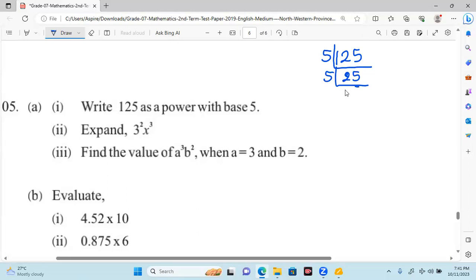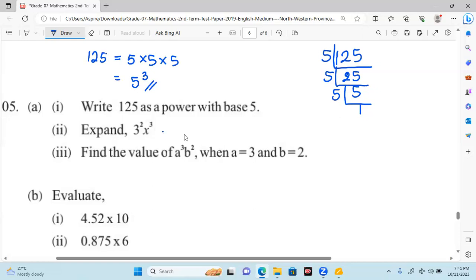It's remaining 5. Again divide by 5. It's remaining 1. So now you can express 125 as a product of 5 only. It's 5 into 5 into 5. So now you can write that as 5 to the power of 3, a power with base 5.